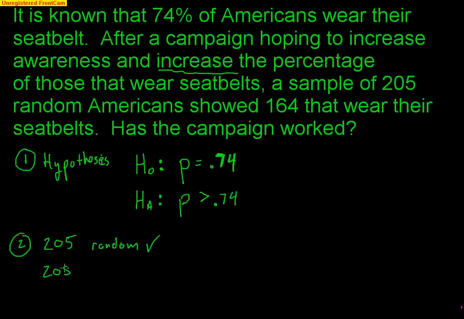The 205 has to be less than 10% of all Americans, and I'm pretty sure 205 is less than 10% of them. We also need 10 or more successes and failures. Our sample showed 164 successes, and with quick subtraction, that would be 41 failures. Both of those are greater than 10, so our conditions are checked for the normal model.